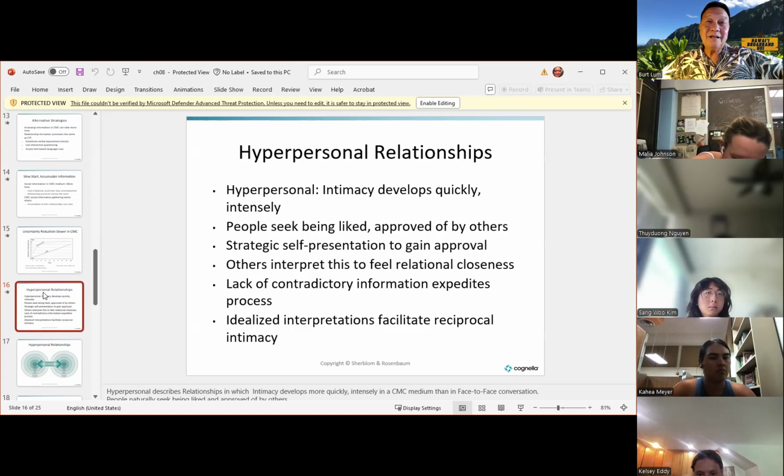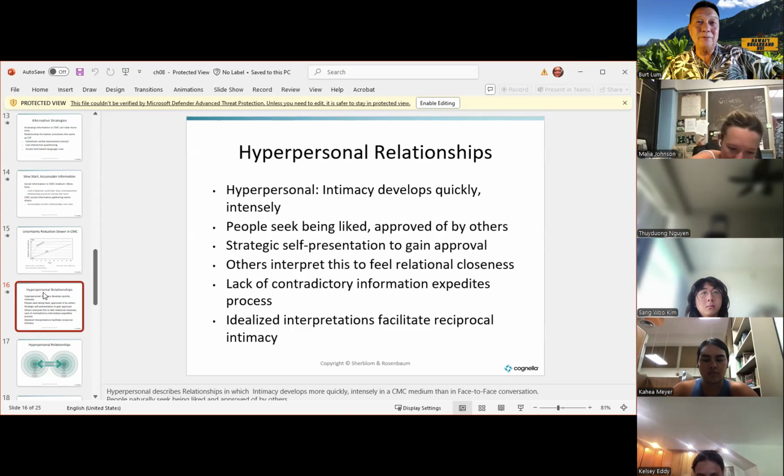So this idea of presenting the best face, others interpret this to feel relational closeness, and you'll see this in your feed. You might start getting people that are liking your feed. I often get that, and I'm wondering, who are these people?